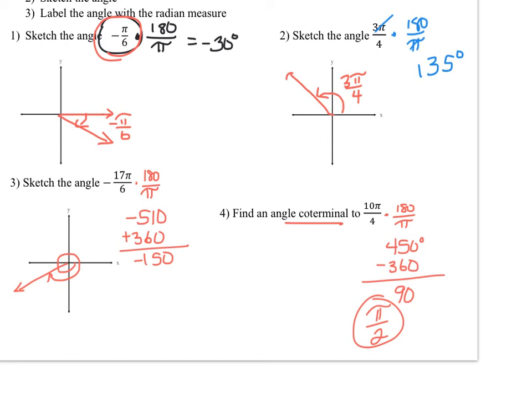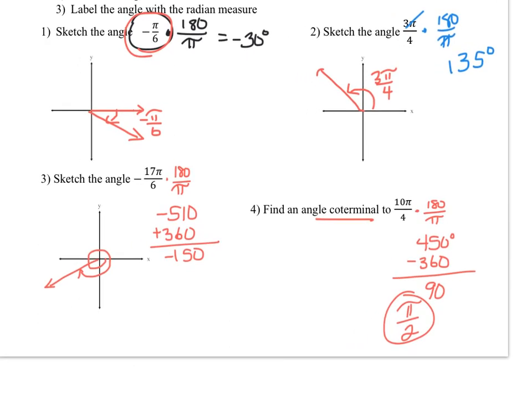All right, we're back, and here are the answers. I converted this one here to 135 degrees. So remember, it's positive, so I start here and go up. Sketch the angle. 135 lies in the second quadrant, and we label it with 3 pi over 4. This one over here wound up being negative 150 was the actual angle.